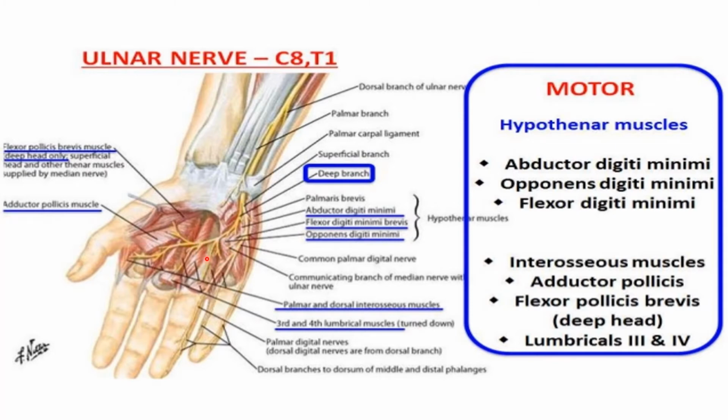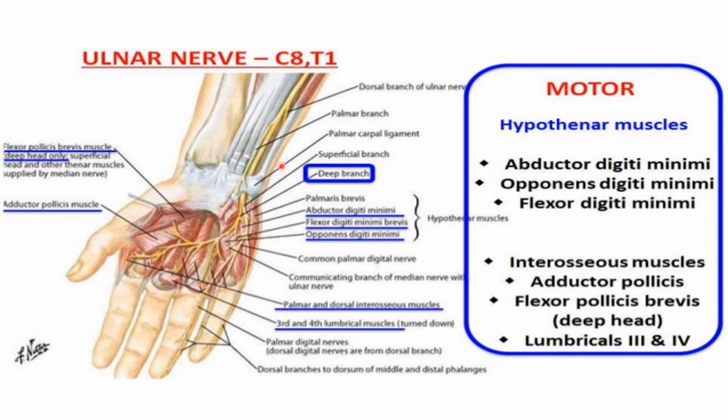So this deep branch has motor supply to the hypothenar muscles, the adductor pollicis, the deep head of flexor pollicis brevis, the third and fourth lumbricals, and all the interossei muscles. It also supplies the wrist joint, the intercarpal joints, the carpometacarpal joints, and the intermetacarpal joints.